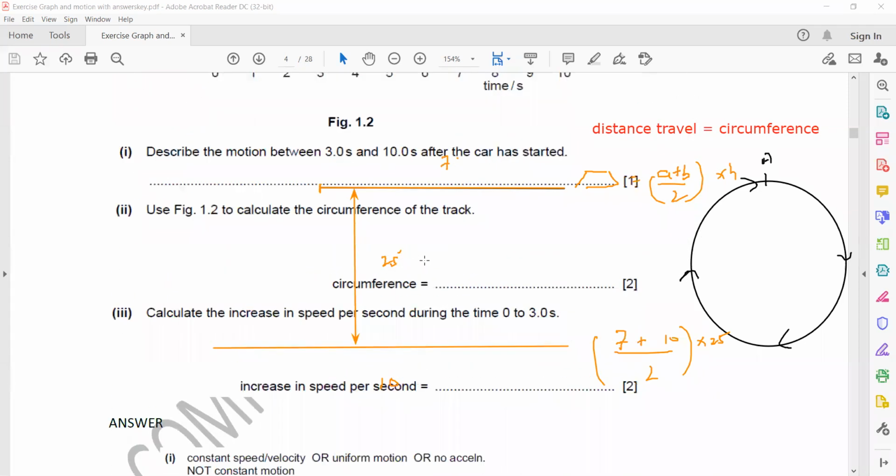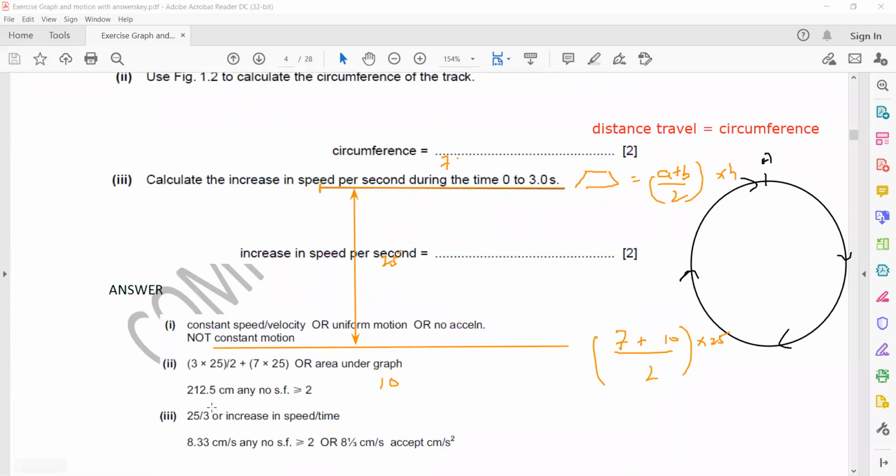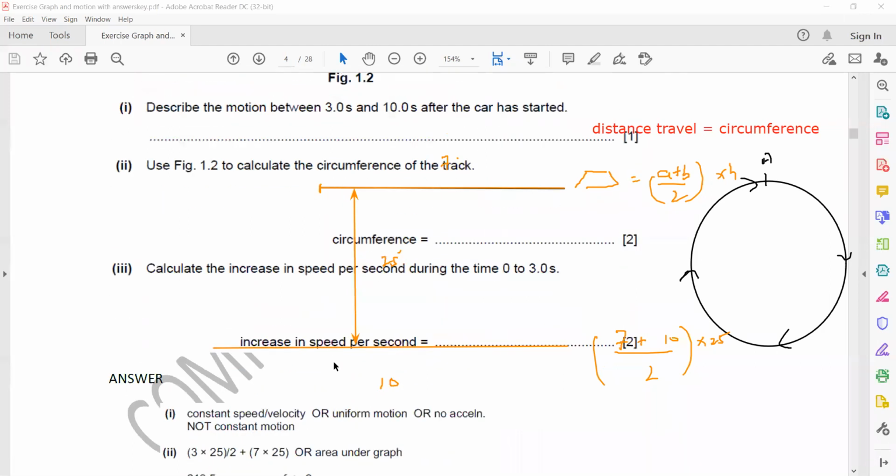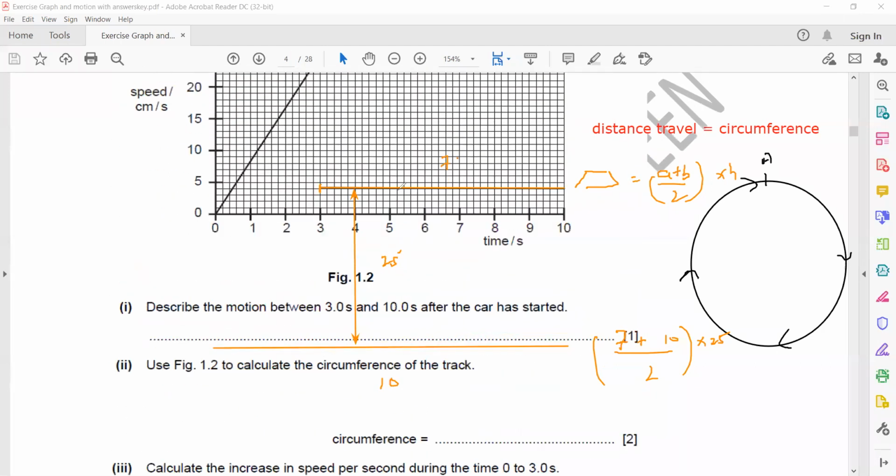When we carry out 7 plus 10 divided by 2 times 25, it comes out as 212.5. And what will be the unit? The unit will be centimeter. Why centimeter? Because speed is given in centimeters, so the final answer should be in centimeters.